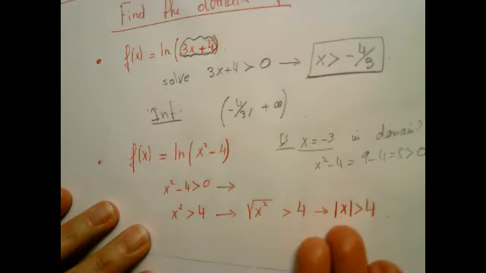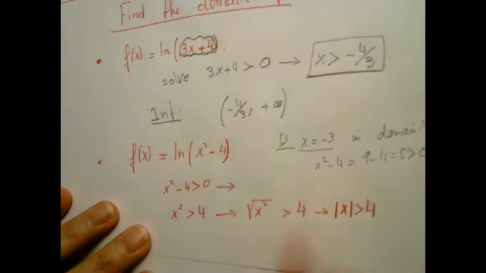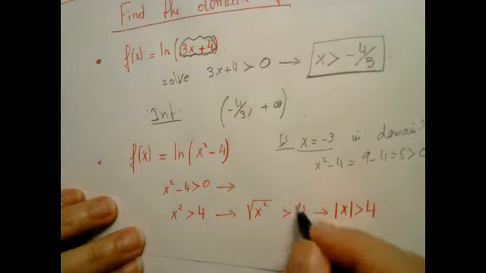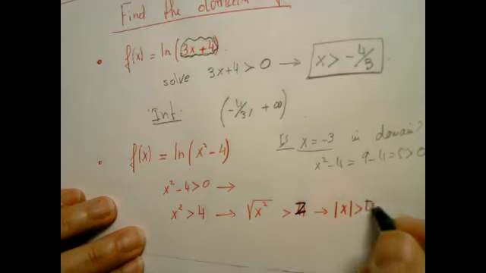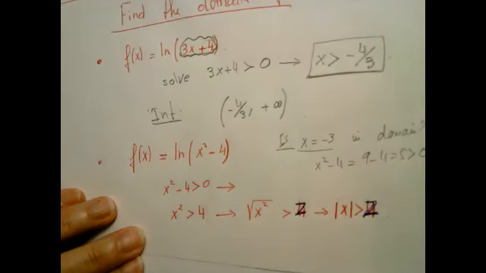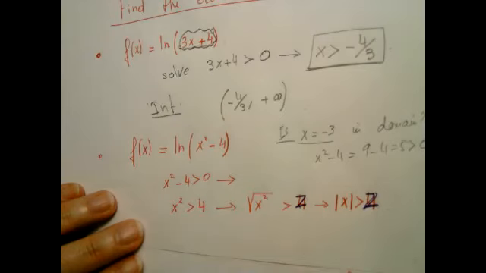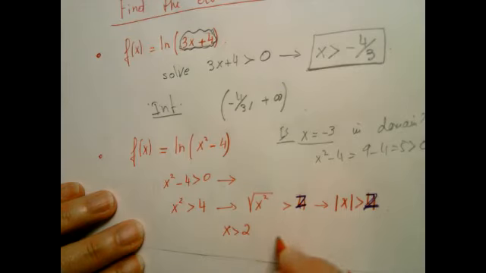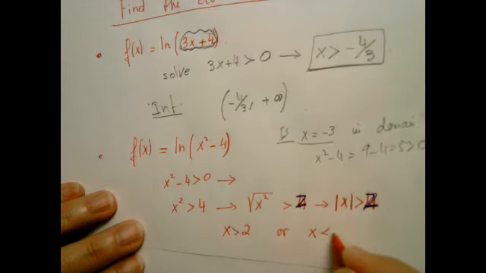I made a stupid mistake. You should have screamed and yelled, but you didn't. Okay, but which values have absolute value bigger than 2? It means x could be bigger than 2, but also it can be less than -2.